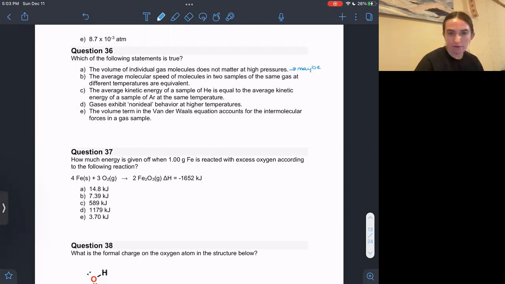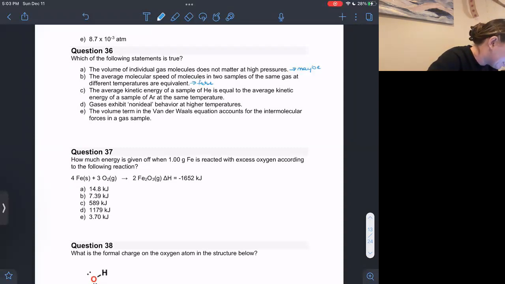That's related to kinetic energy. The average molecular speed of molecules in 2 samples of the same gas at different temperatures are equivalent? No, that's going to be dependent on temperature. At the higher temperature, they're going to be moving faster because they're going to have a higher kinetic energy. So this is going to be false. They'll have different speeds.